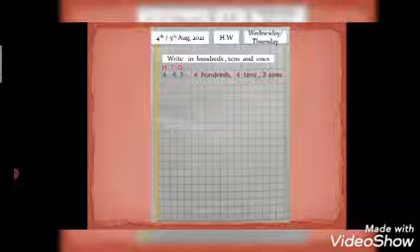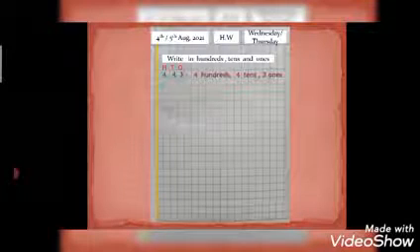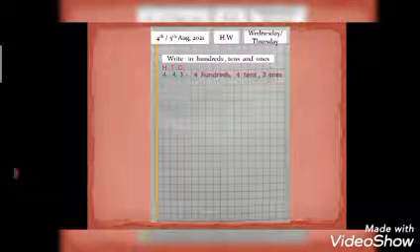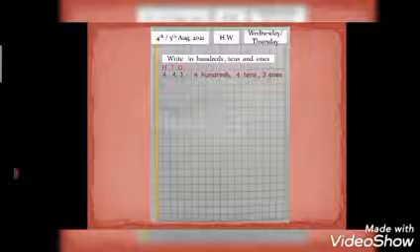The second digit at tens place and the third digit at hundreds place. We have 4. We have 3 in the ones place, 4 in the tens place and 4 in the hundreds place. So, you will write down 4 hundreds, 4 tens and 3 ones.